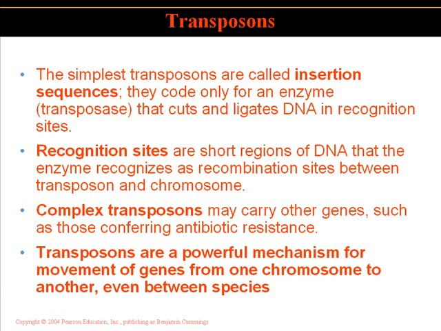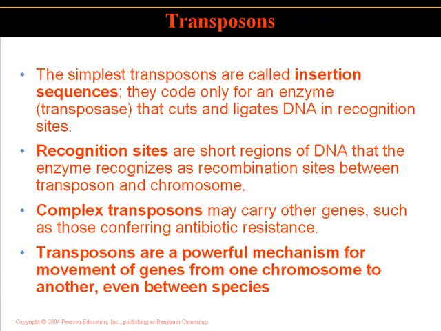They cut or ligate DNA at recognition sites, and these are short regions in the DNA where enzymes will recognize a particular recombination site of the transposon. If you see particular sequences of the bases, they code for recognition. So again, you can see the importance of these base sequences being correct or complementary.